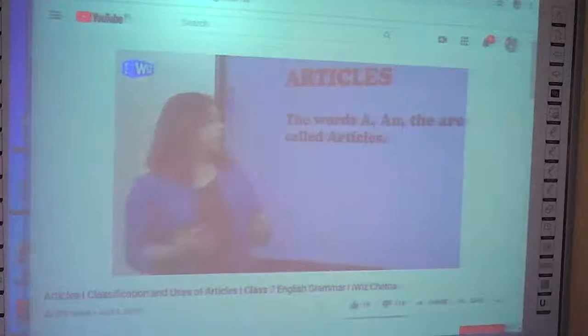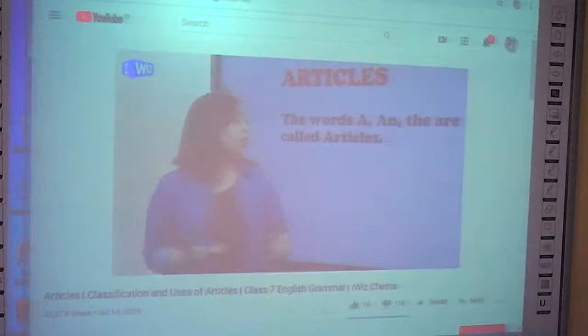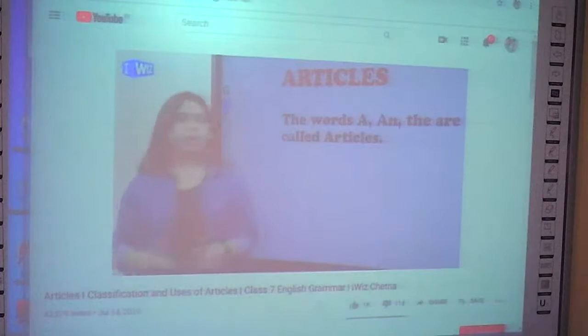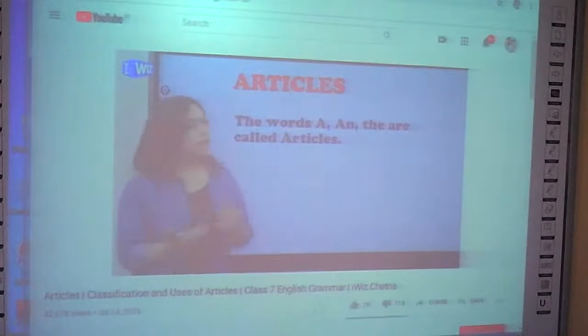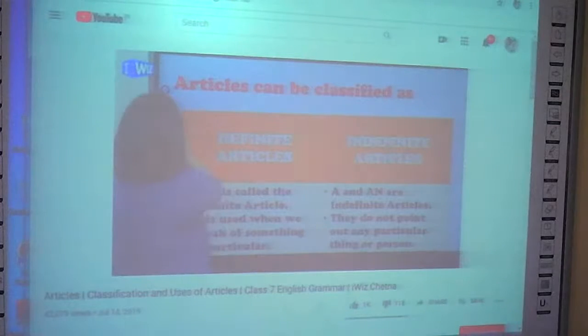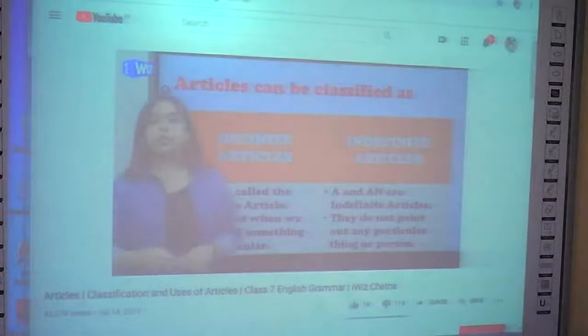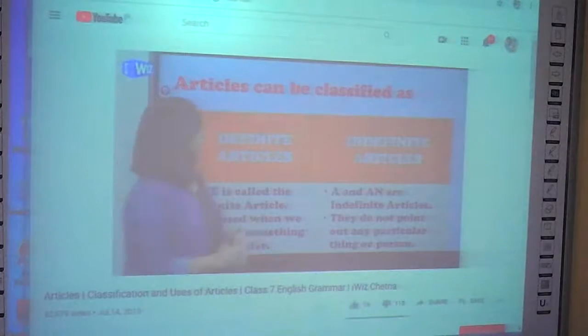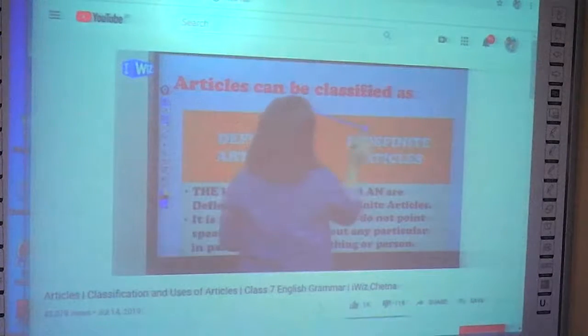Let's read. You must know that the words a, an and the are called articles. Now we are going to learn about their uses and categorize them. We can classify articles into two categories: definite articles and indefinite articles.